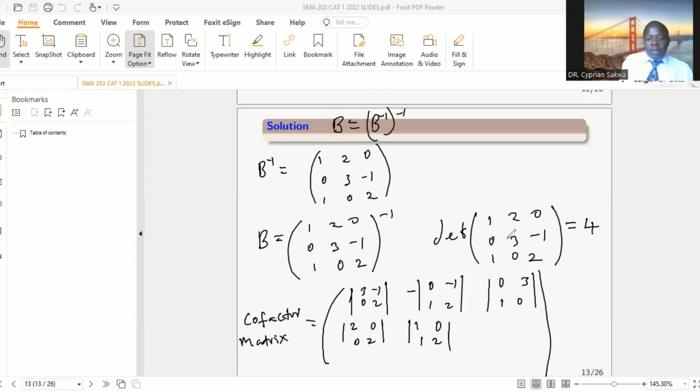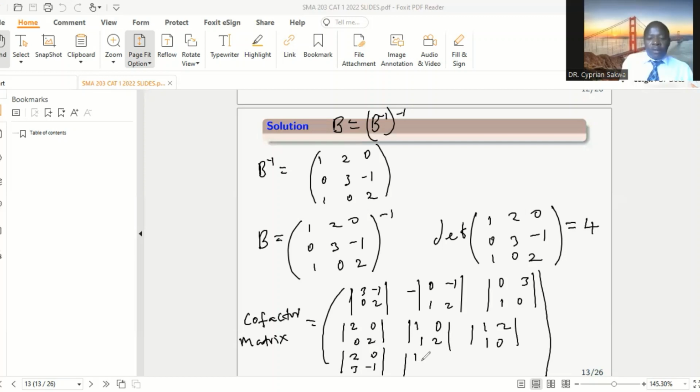This other one, delete the row of negative 1 and the column of negative 1. You have 1, 2, and 1, 0. These vertical lines mean determinant. Come to this last row, element 1 here, delete its row and its column. You have 3, 0, and 3, negative 1. And this other element is 0 here, delete its row and its column.